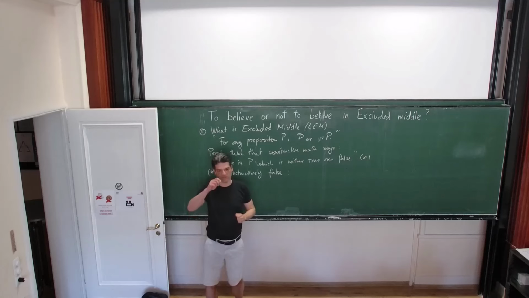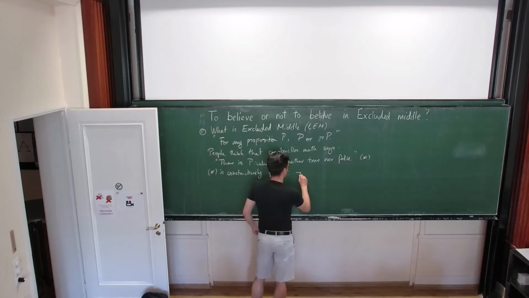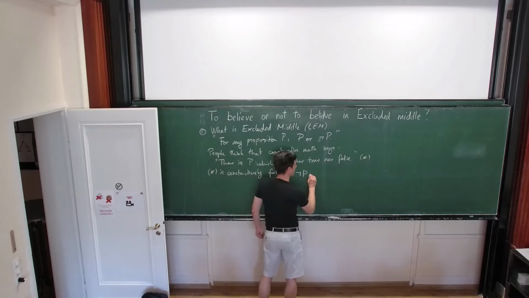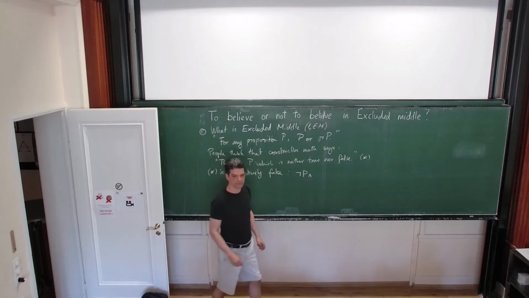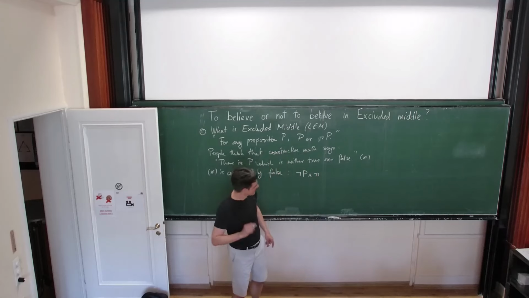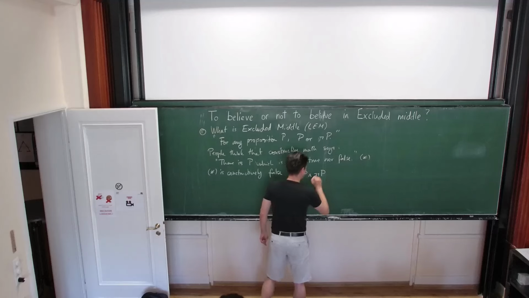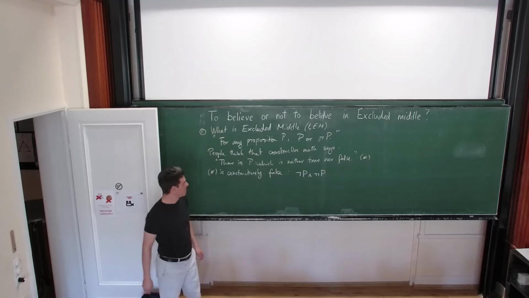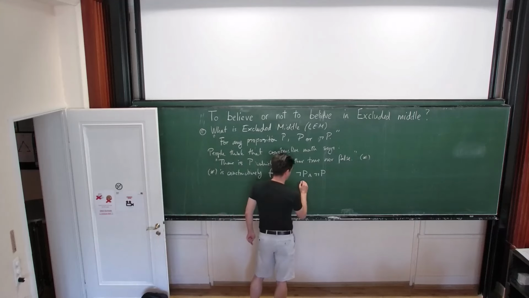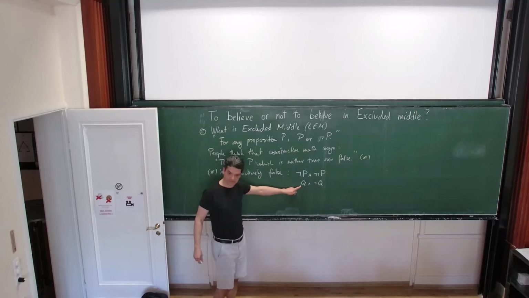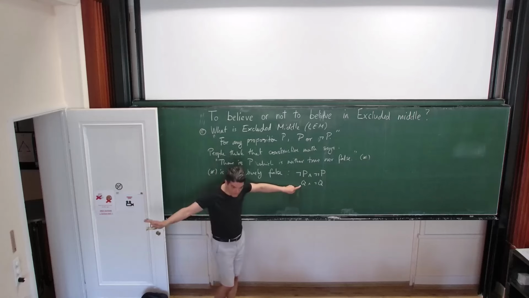Not P. And how do you say that it's not false? No, you use classical logic, I promise it's not. It's this. But this is a special case of this, where you take Q to be not P. But this is clearly false.